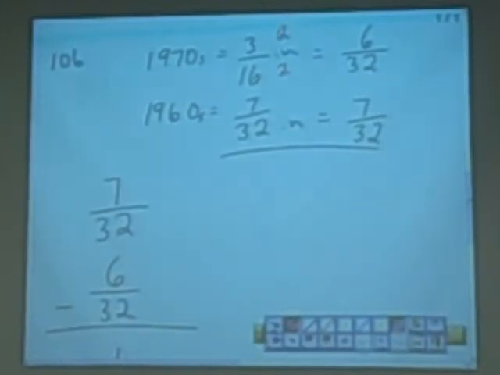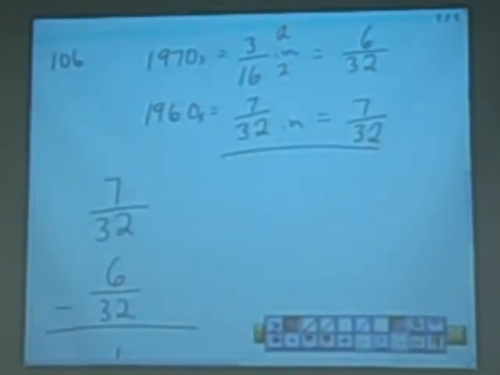Well, another thing is you're finding the difference from the 1970s and 1960s, and normally in a sentence the larger number comes first, like the difference from the larger number and the smaller number.